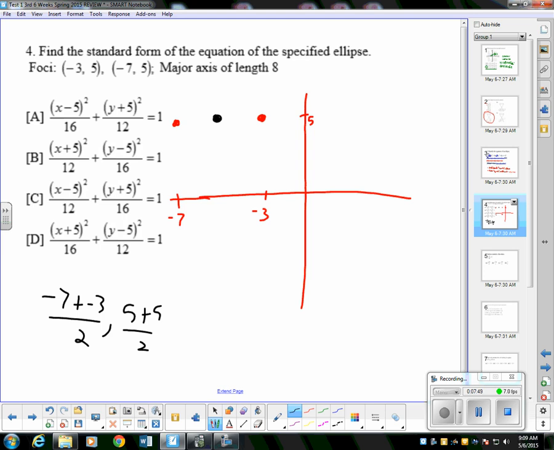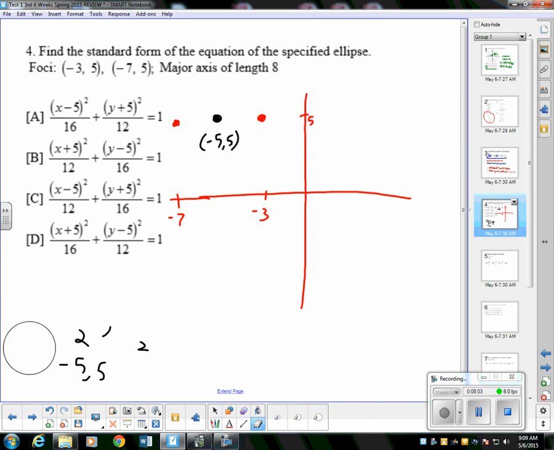Negative 3 plus negative 7 is negative 10 over 2 is negative 5. 5 plus 5 is 10 over 2. Puts me at negative 5, 5. So I know my center is at negative 5, 5. Could I just eyeball that? Probably so. But I wanted to put that midpoint formula up there for people who are watching this.